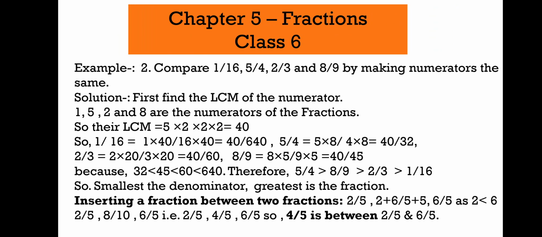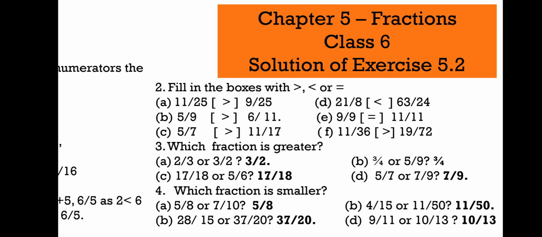That will give you 8 upon 10. And 8 upon 10 is between 2 upon 5 and 6 upon 5 because its simplest form is 4 upon 5. So 4 upon 5 is between 2 upon 5 and 6 upon 5. Please listen carefully to my explanation.